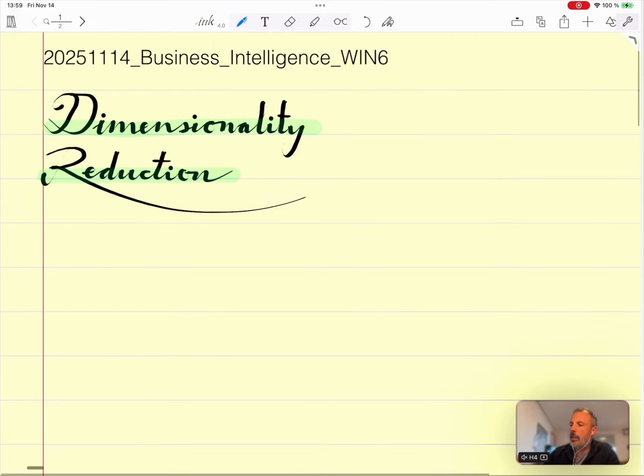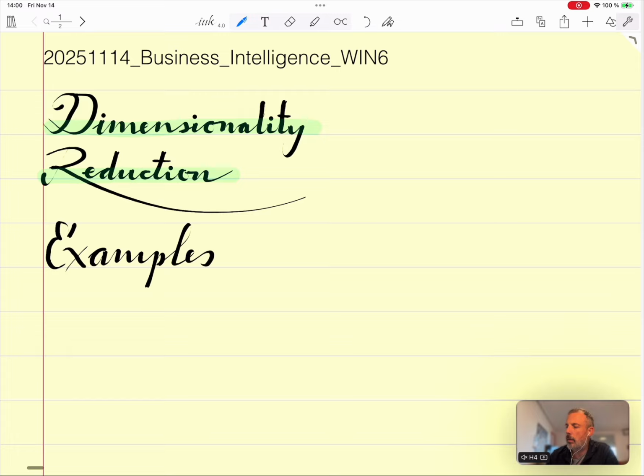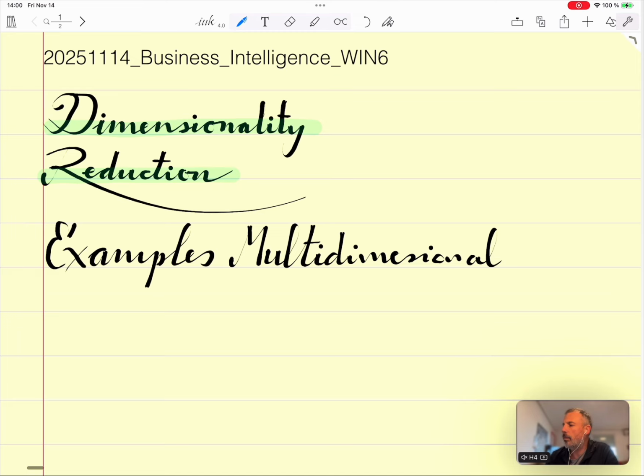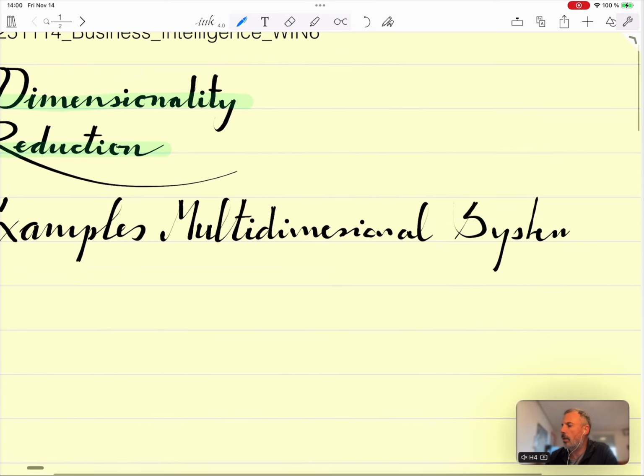Examples of multidimensional systems are ubiquitous, they are all over the place.